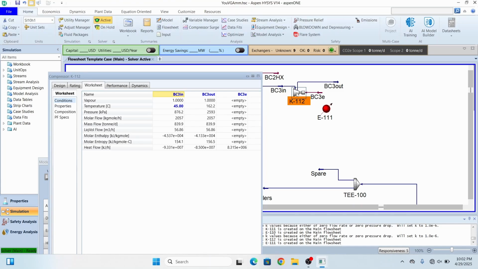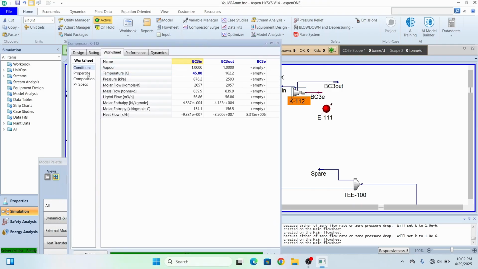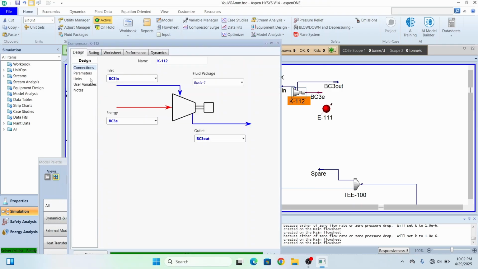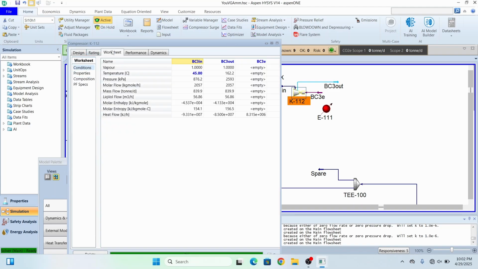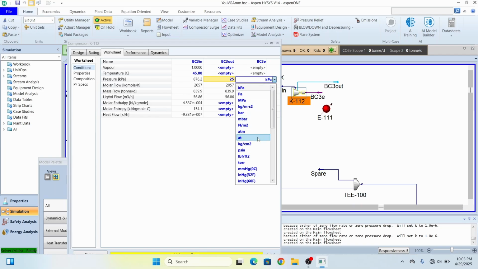So I will double click on that and go to the design, and from the design I can delete my compression ratio, and from the worksheet I can write my outlet pressure as 25 kg per centimeter square.